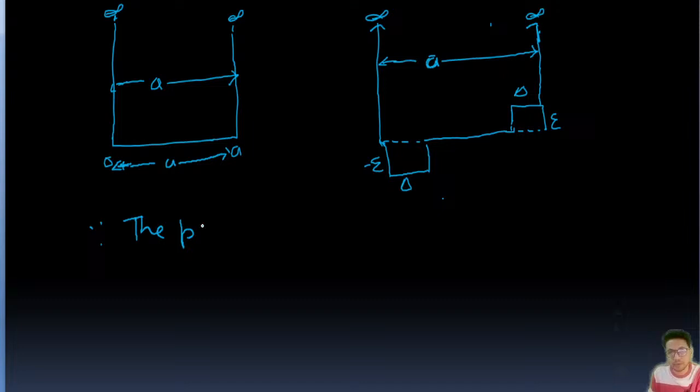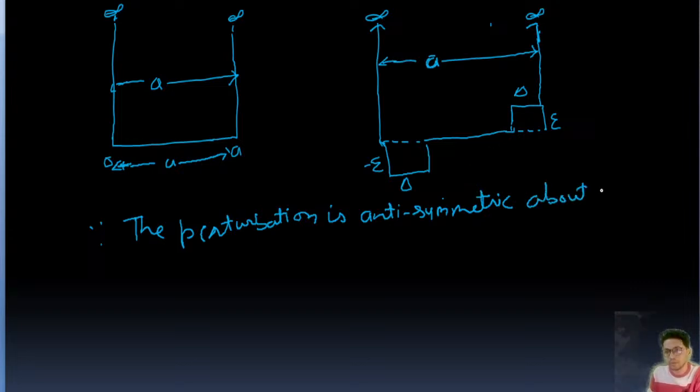The perturbation is antisymmetric. Perturbation is antisymmetric about the center of the box.